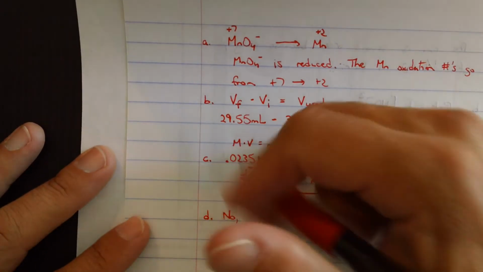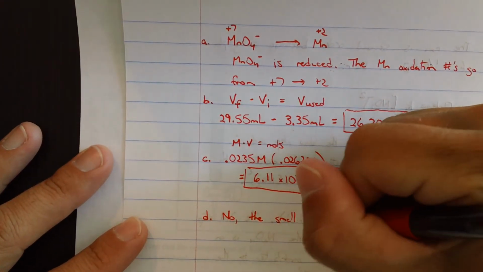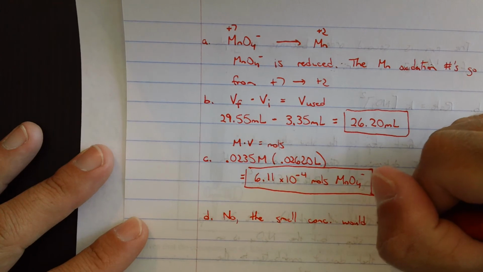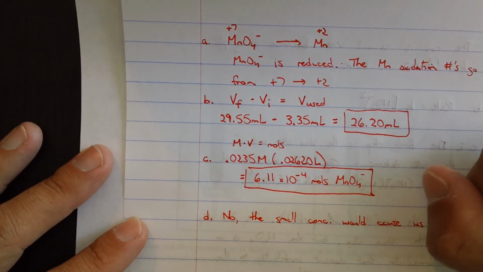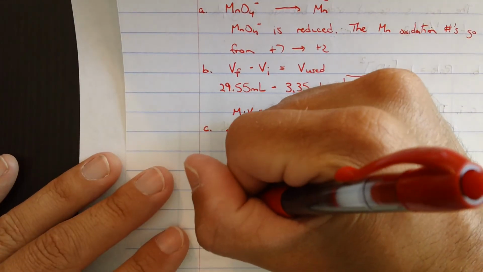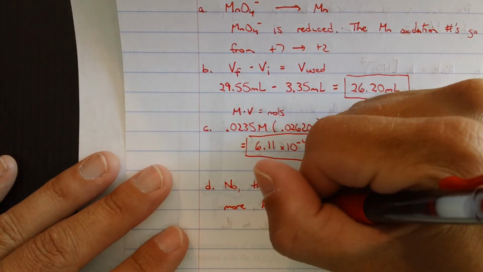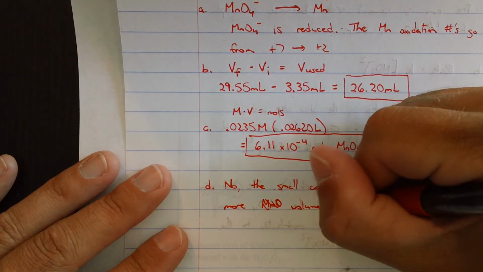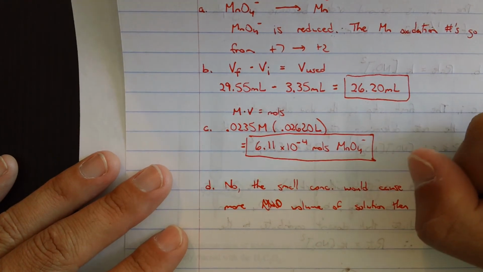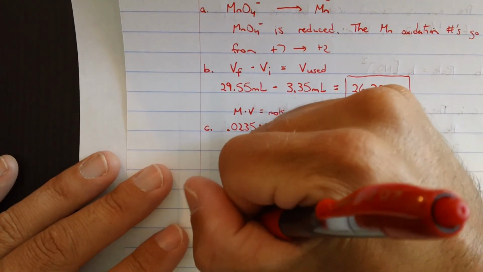So no, the small concentration would cause us to need more volume of solution than our burette could hold.